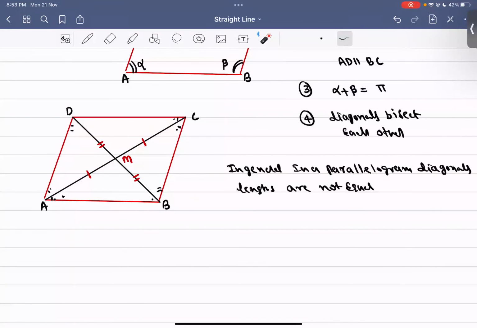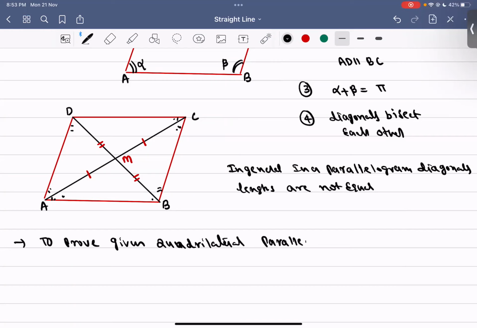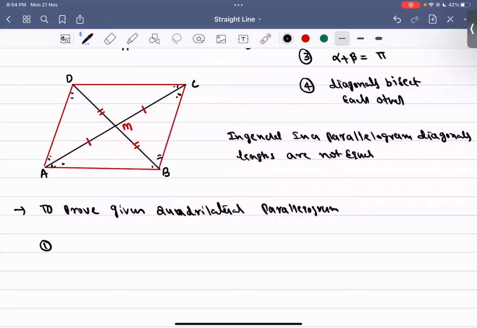So to prove the given quadrilateral is a parallelogram, first one is alpha plus beta is equal to pi and gamma plus delta equal to pi.